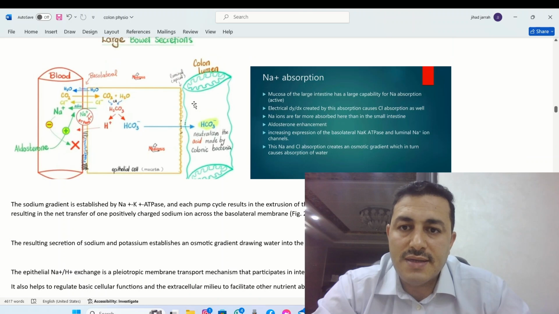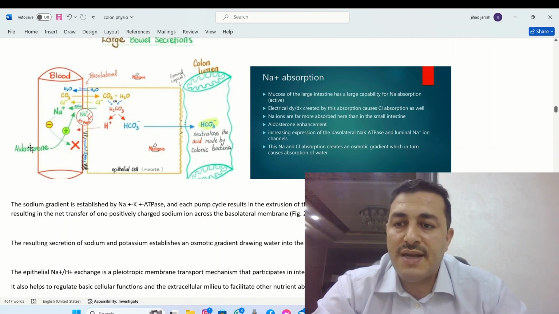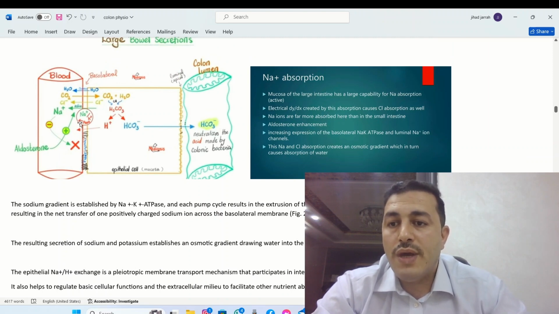As you see here, in the colon we have the intraluminal bicarbonate, and in the blood we have the sodium. This is under aldosterone, and we have the Na-K ATPase.